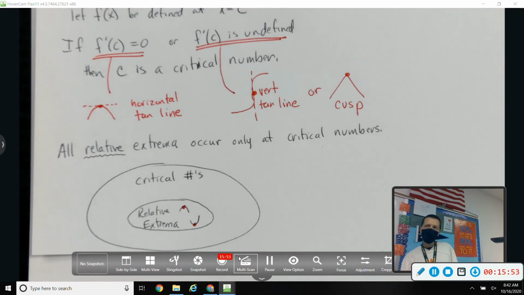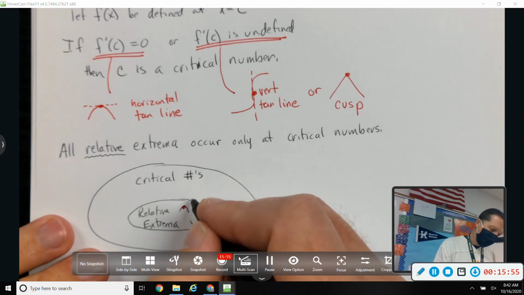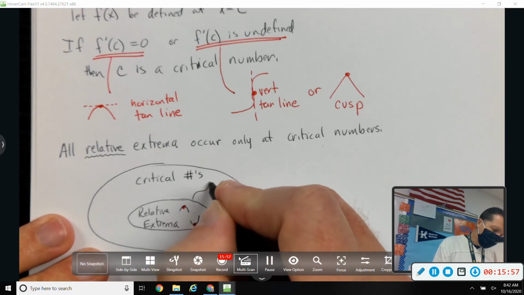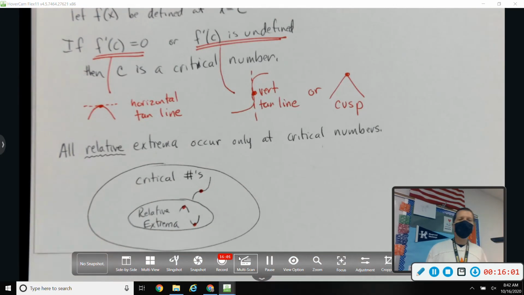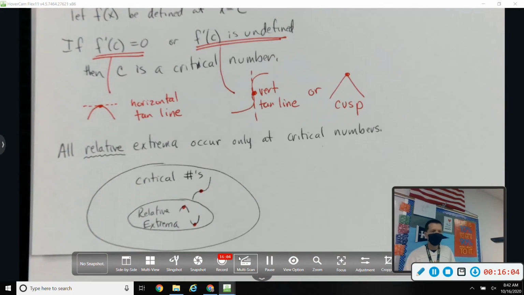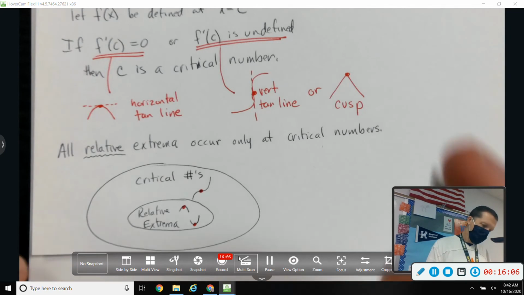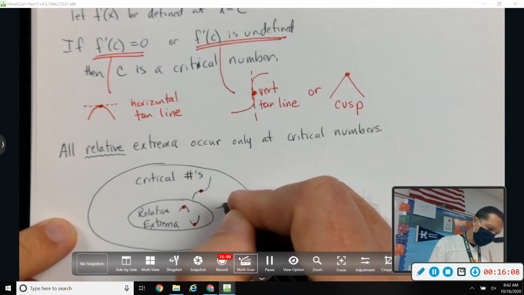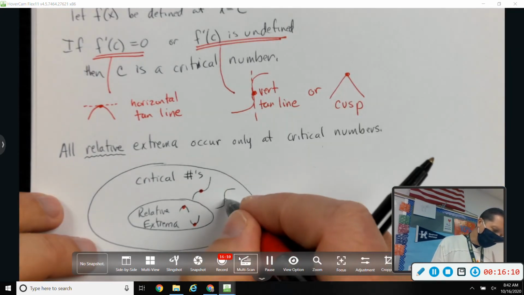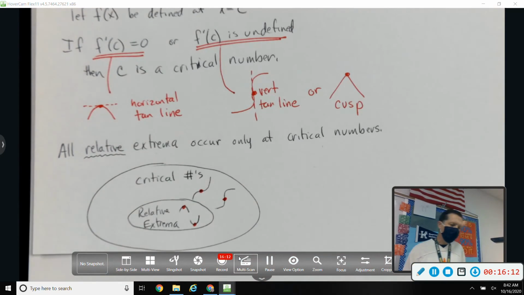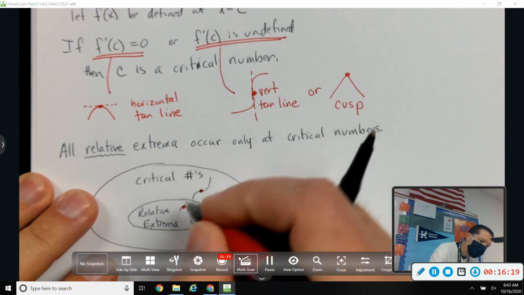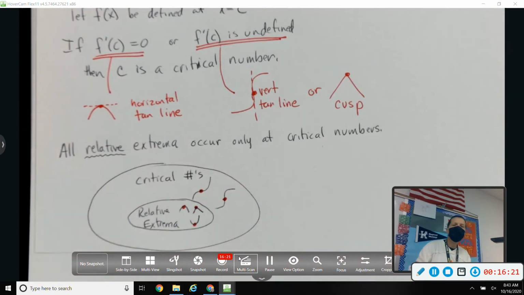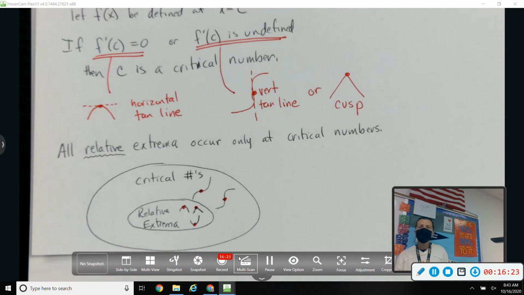But you could have critical numbers that aren't relative extrema. Like if you have a horizontal tangent line that just keeps on increasing like that, that's a critical number but not an extrema. The vertical tangent line is a critical number but not an extrema. I guess the cusp we could put in the relative extrema group. That's a critical number and a relative extrema.